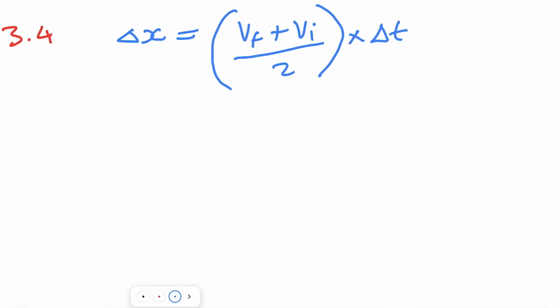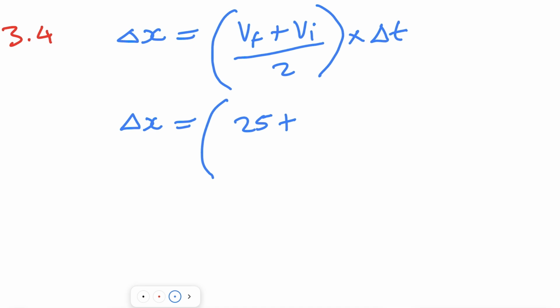We are looking for change in x, which is the displacement. The final velocity will be 25 plus the initial velocity will also be 25, because during the reaction time the driver was not pressing the brakes.